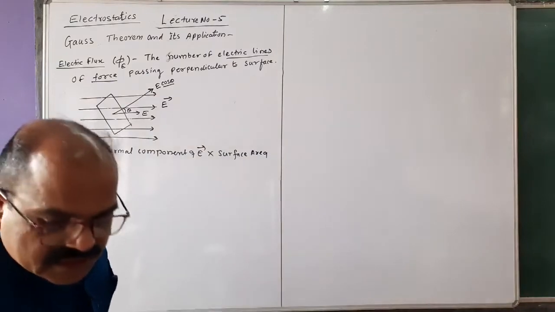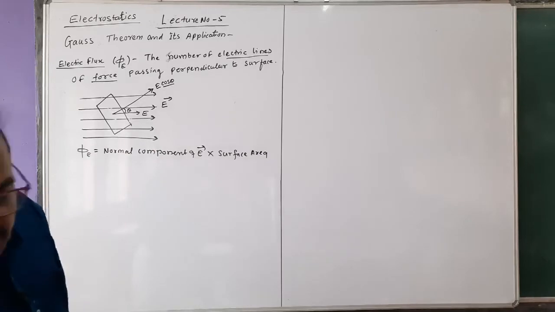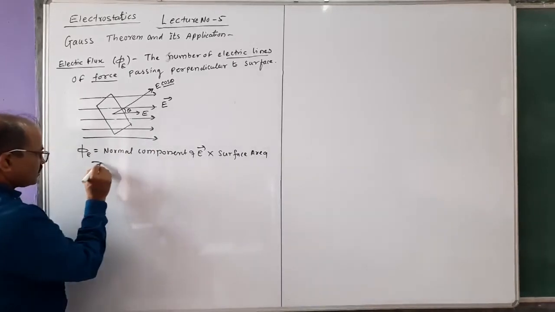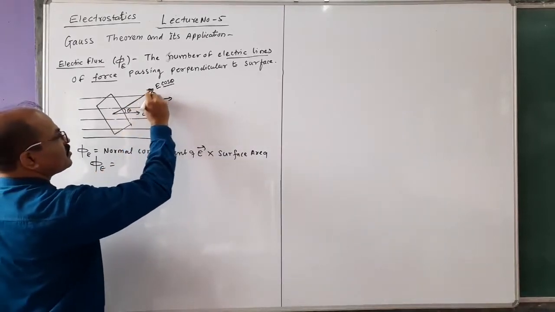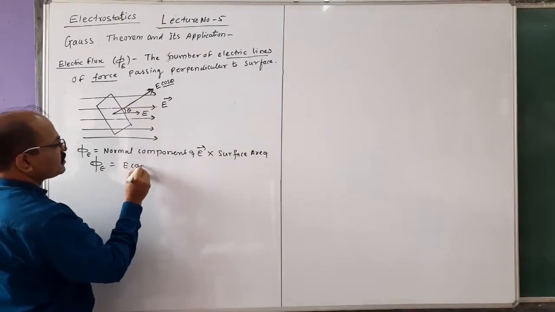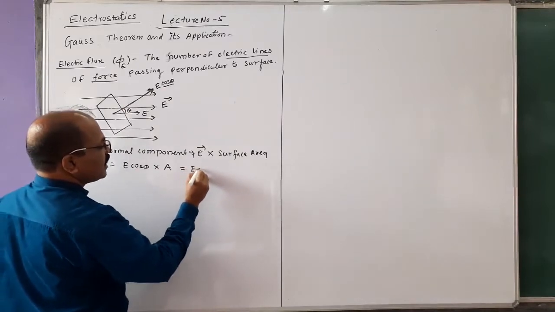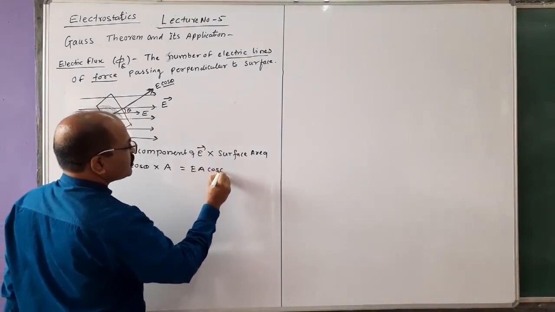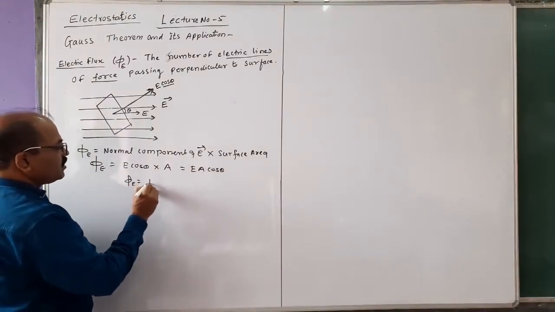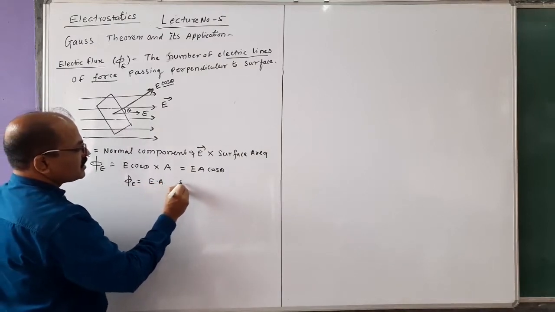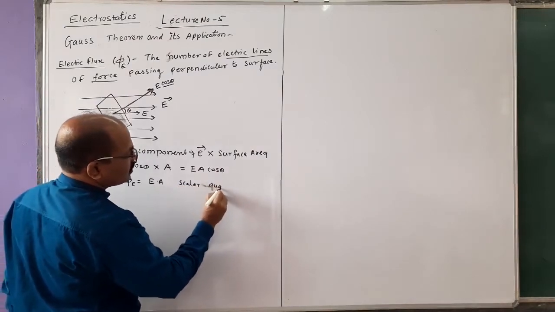The surface area, suppose, is length into breadth, A. The normal component is E cos theta, so the flux phi equals EA cos theta. So phi E is equal to E dot A. This is a scalar quantity.